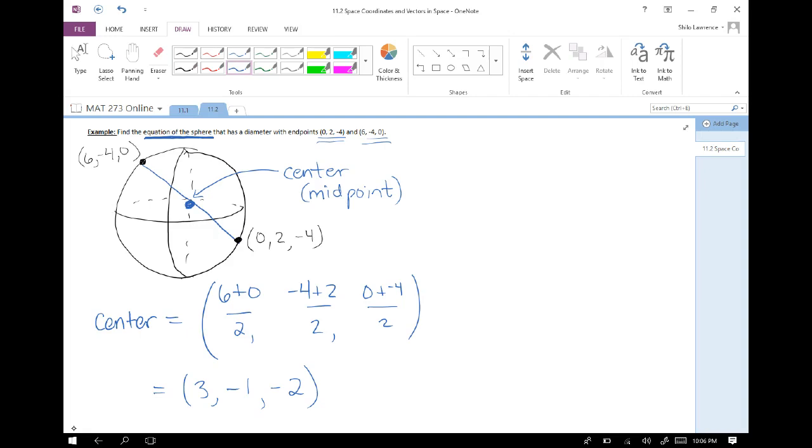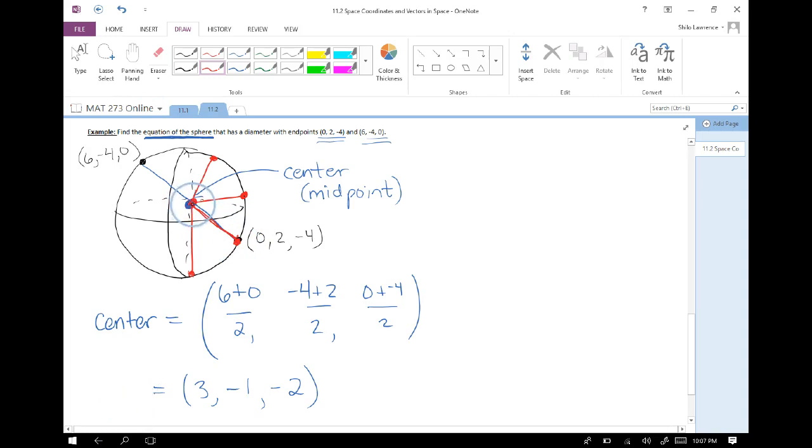The other piece of information we need is the radius. So you need to remember what exactly the radius is. The radius is the distance from the center out to the edge of the circle. And what's unique about a circle is that no matter what edge point you go to, it should always be the same distance. So what I'm going to do is use one of the edge points that I already know.